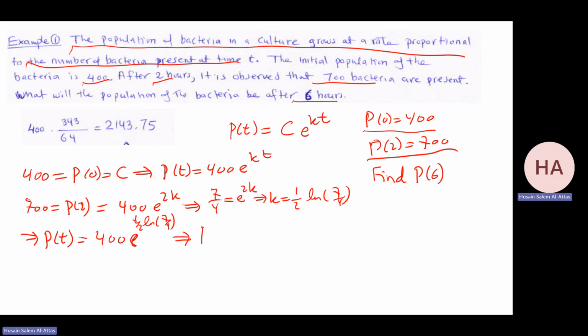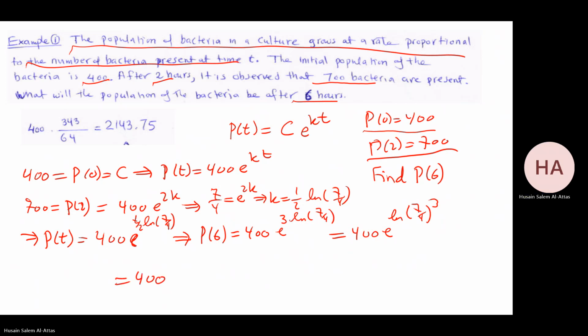Now what I want is P at 6. It will be 400 e^((6/2) ln 7/4), which is 3 ln 7 over 4. And this one I can write as 400 e to the power ln 7 over 4, cubed, which is 400 times 7 over 4 cubed. 7 cubed is 343, 4 cubed is 64.